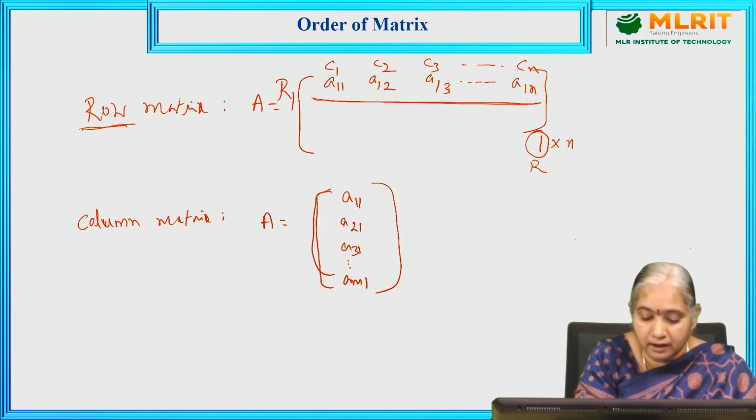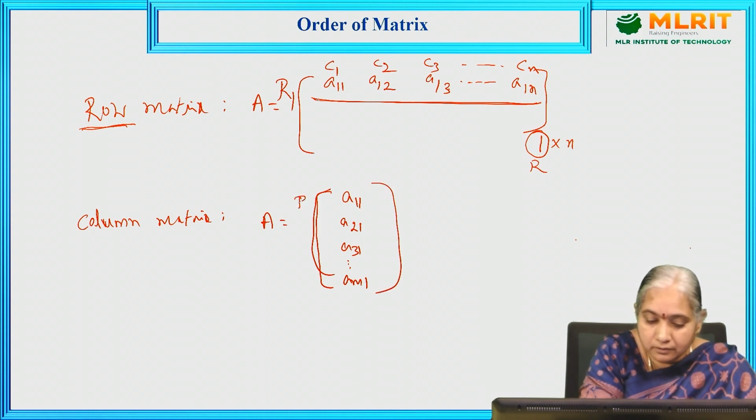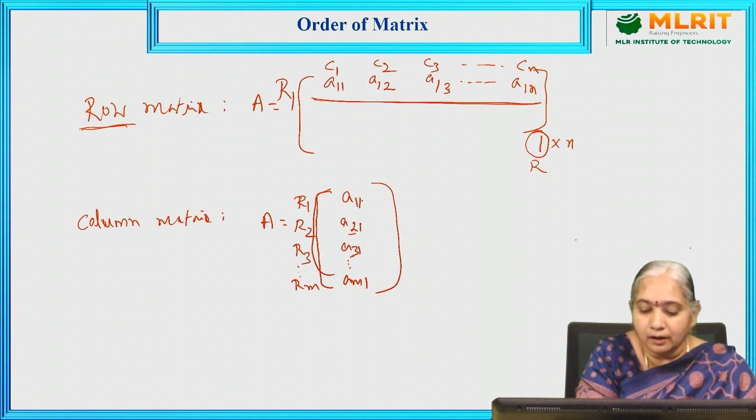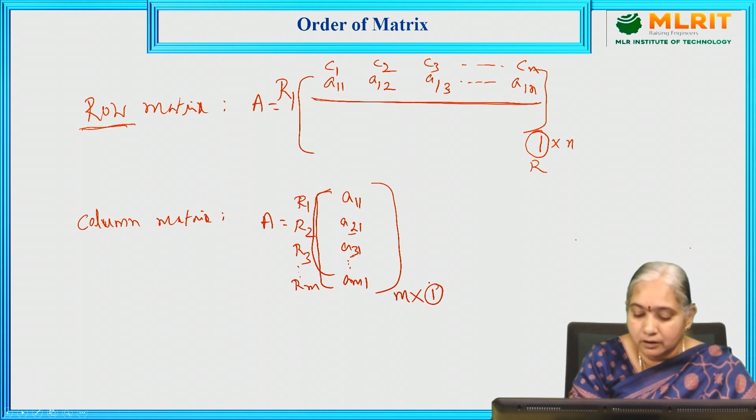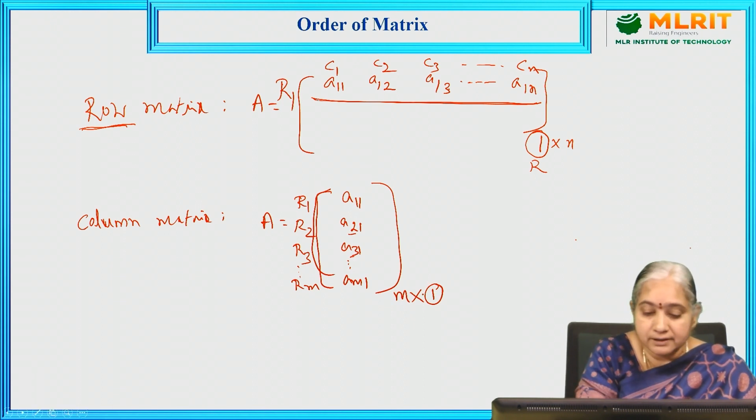This matrix has a total of m rows: first row, second row, third row, and so on up to the mth row. We can take any number of rows, but the column should be only 1. Here the column is fixed, that is 1. That is why this type of matrix is called a column matrix.